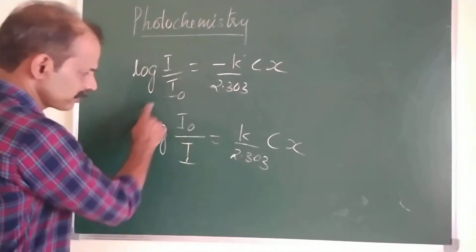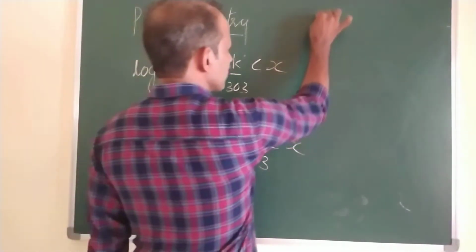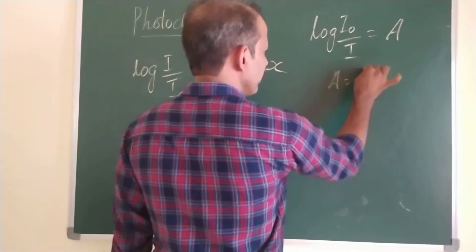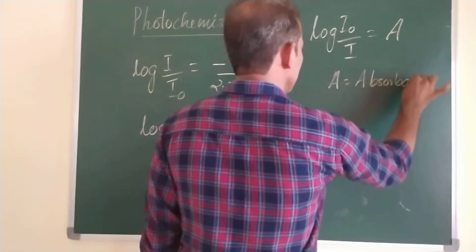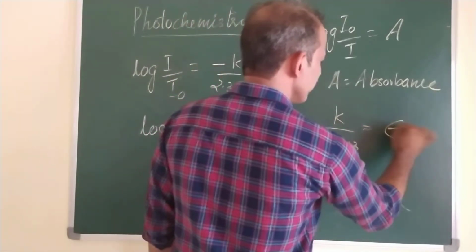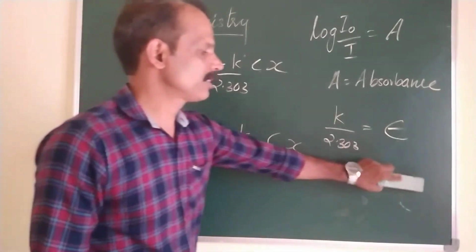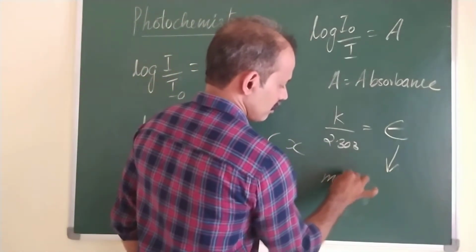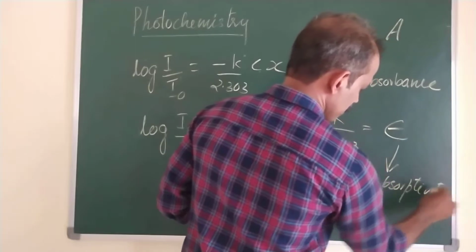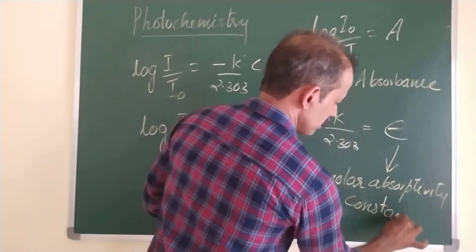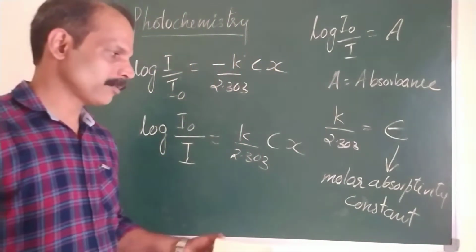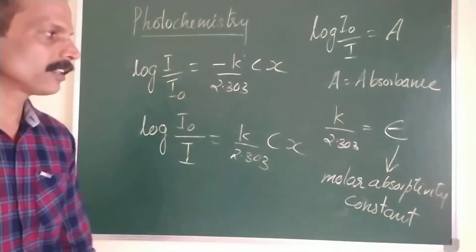And here we can put this log I0 by I as A, where A is absorbance, and K by 2.303 is equal to epsilon, which is molar absorptivity constant or molar extinction coefficient or molar extinction constant.